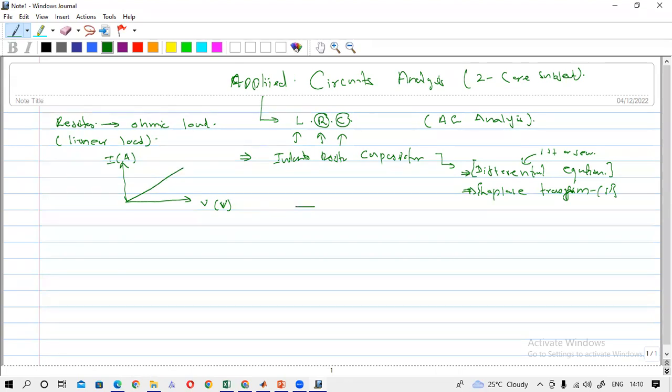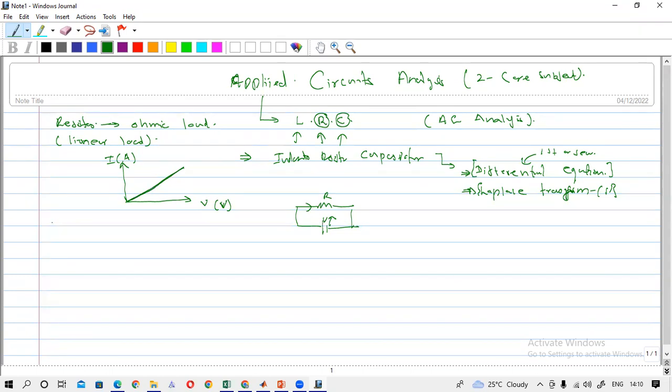If we give a voltage across the resistor and increase the voltage, the current is linearly increasing across this resistor. That is why a resistor is called a linear load, a linear component.